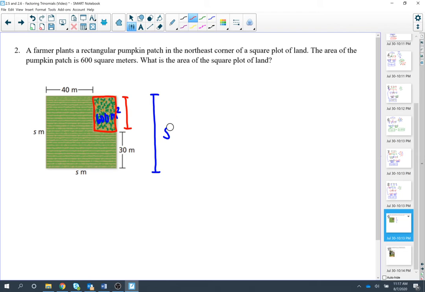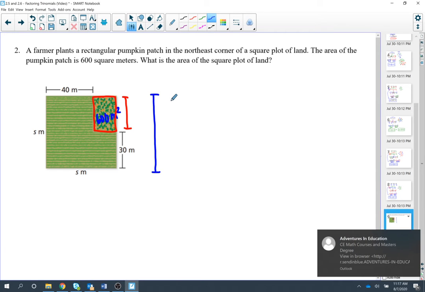Well, let's pretend here for a minute that I said that this number actually was like 100. If this is 100, the whole thing is 100, and this is 30. What's this? 70, right? Because 100 minus 30 is 70, or 70 plus 30 is 100. Okay, let's try again. What if the whole thing was like 80? So the whole thing is 80, this is 30.